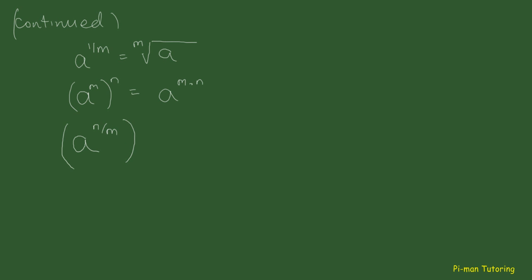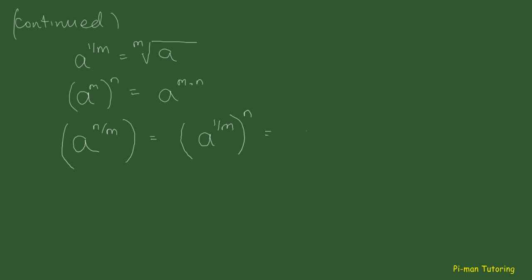Well, you can use the second of the rules above to break that down into a to the 1/m, all to the power of n. And now we can apply the first rule above.